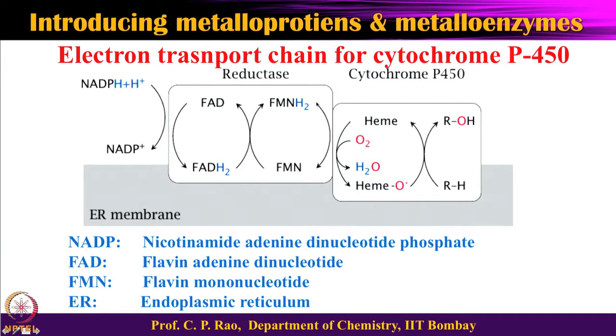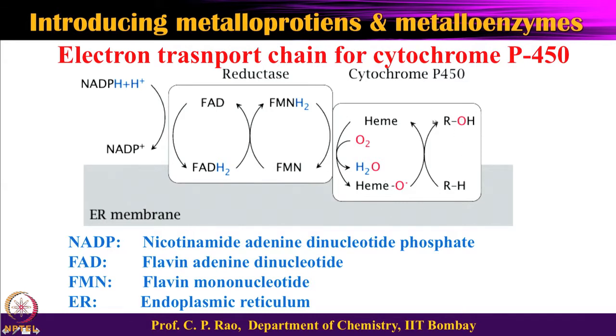When this reduced flavin mononucleotide returns to the oxidized form, it transfers the electron to cytochrome P450, which is in the oxidized form, takes up the electron and goes to the reduced form. This in turn will break the O2, sending one O to H2O, and the other O is added to ROH.